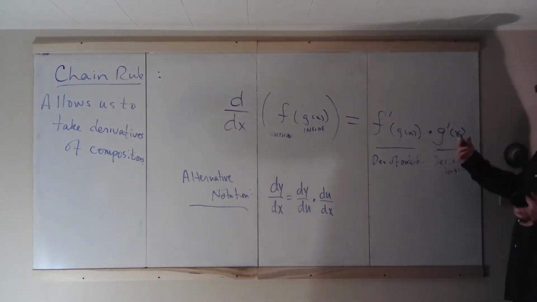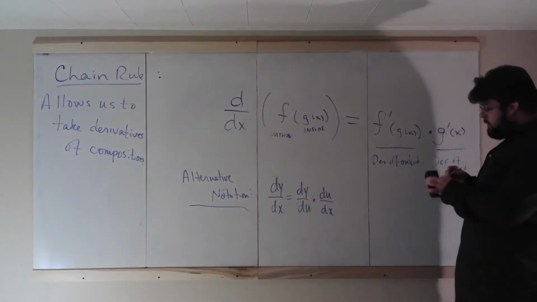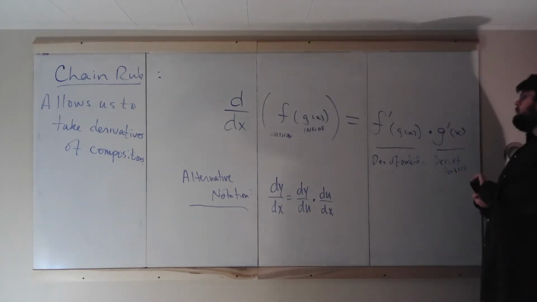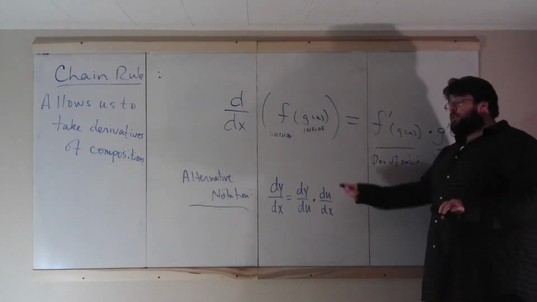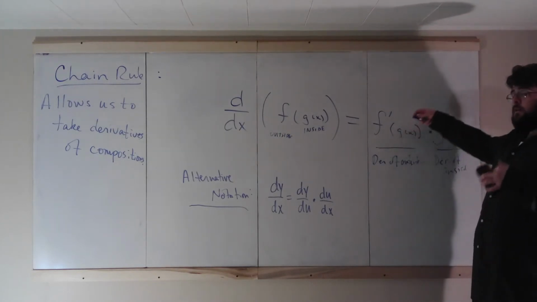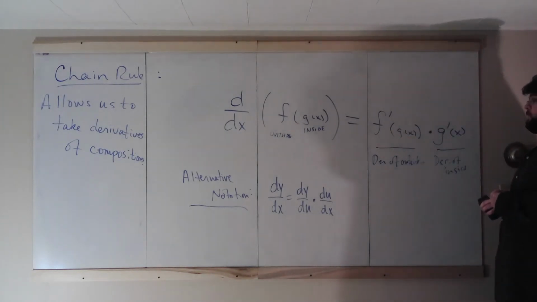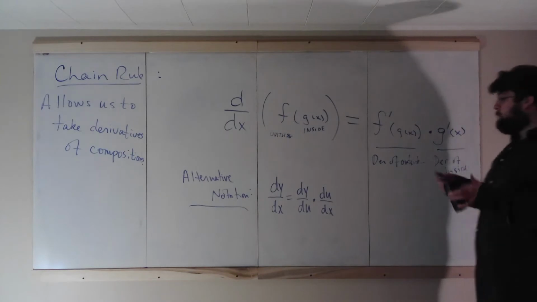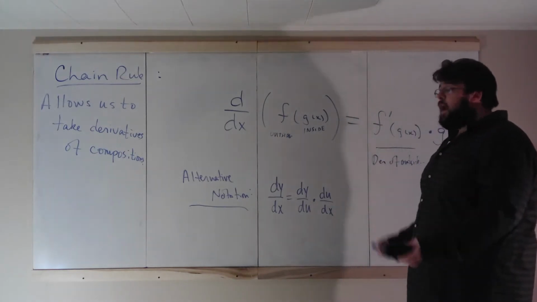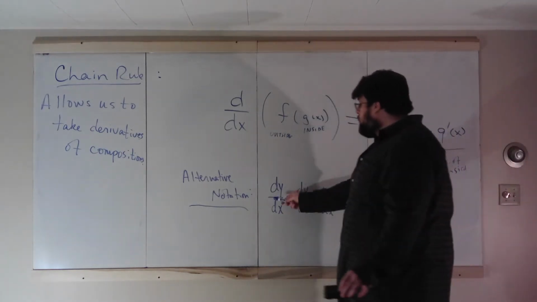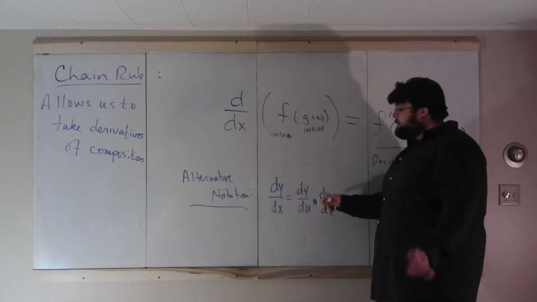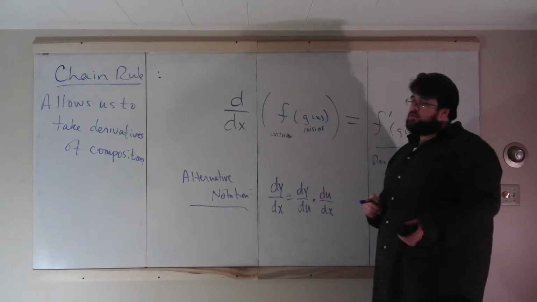I didn't write "leaving the inside alone," but as we do the examples, we'll see what we mean by all of this. An alternative notation, which is quite useful, uses the fractional derivative notation: dy/dx equals dy/du times du/dx.